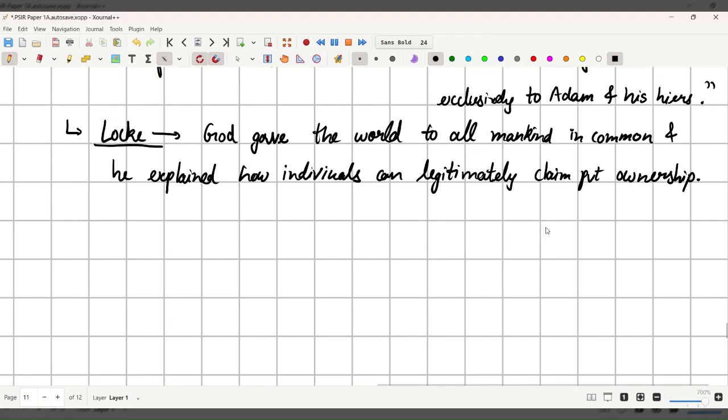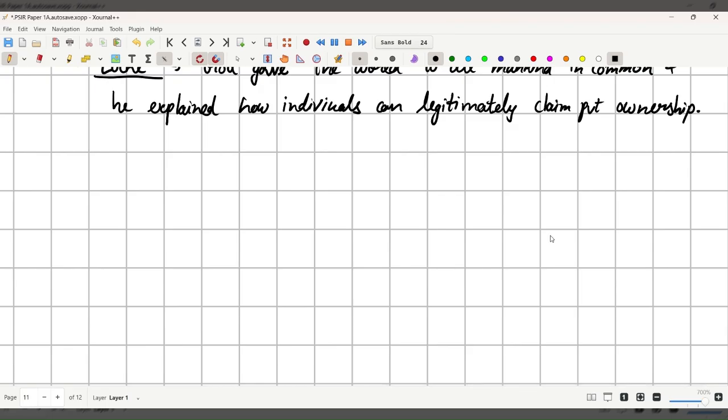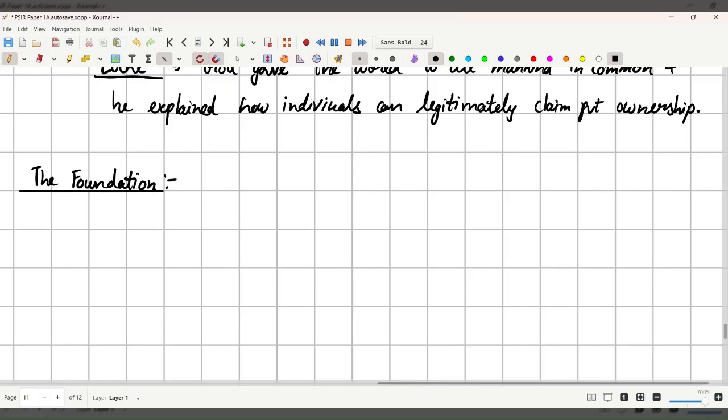So what is the foundation of his theory of property? The foundation of Locke's theory of property is self-ownership. The starting point of Locke's theory of property is the radical idea of self-ownership.